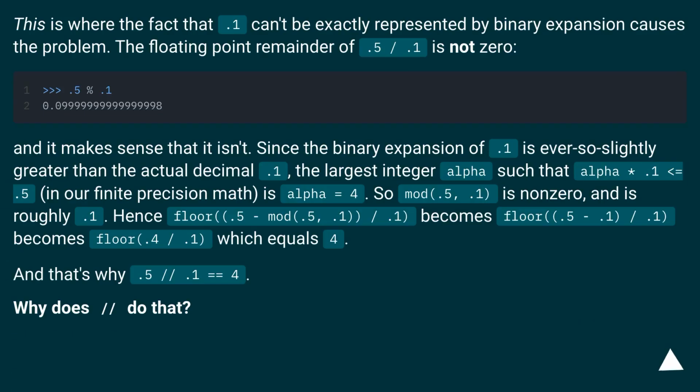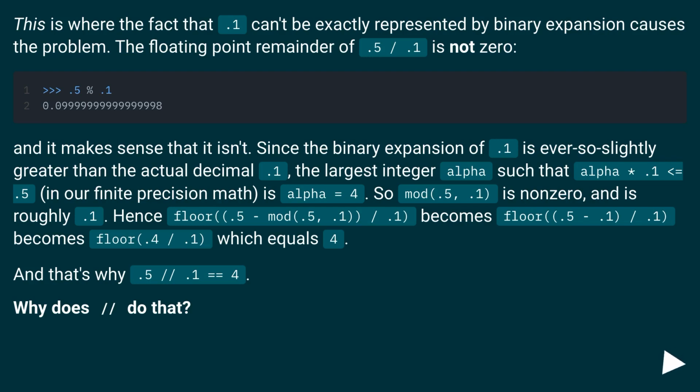This is where the fact that .1 can't be exactly represented by binary expansion causes the problem. The floating point remainder of .5/.1 is not 0. And it makes sense that it isn't, since the binary expansion of .1 is ever so slightly greater than the actual decimal .1. The largest integer alpha such that alpha*.1 is less than or equal to .5, in our finite precision math, is alpha equals 4.